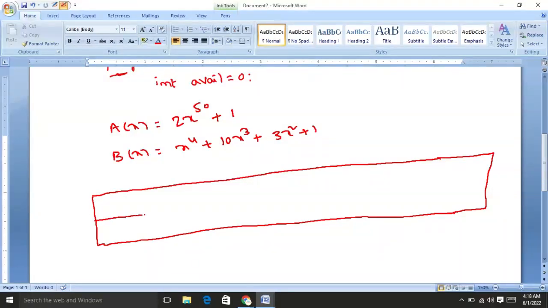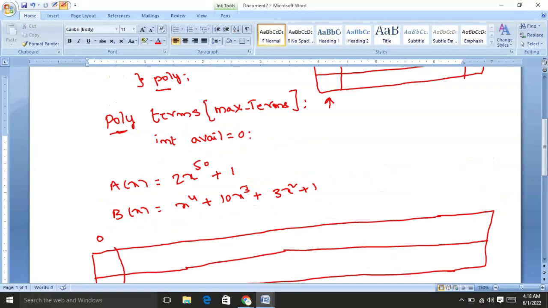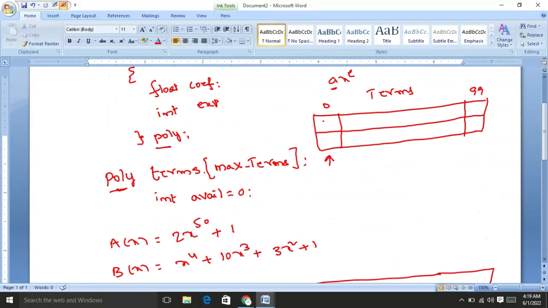This is an array. This is a multi-dimensional array because each location is again subdivided into two locations. This name is terms and it is of type poly, like int a. A is a variable of integer type. In the above I represent poly terms.